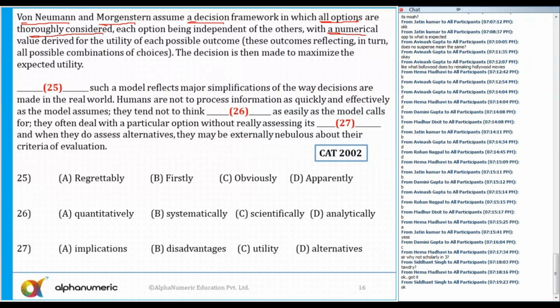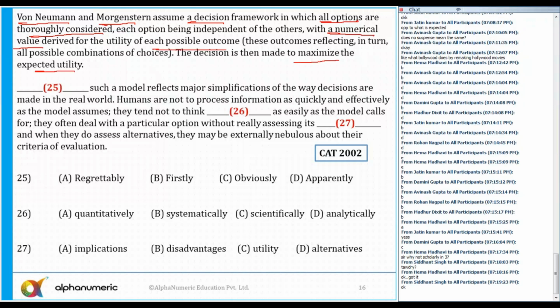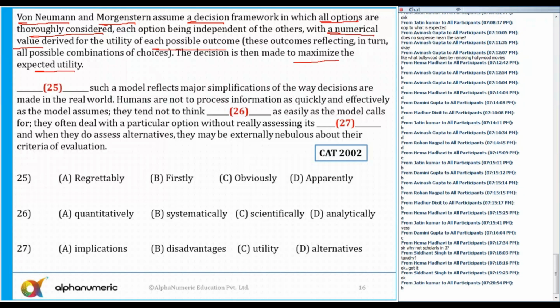Now he says, dash, such a model reflects major simplifications of the way decisions are made in the real world. So I think the word that he wants to use is however. However, such a model reflects major simplifications.